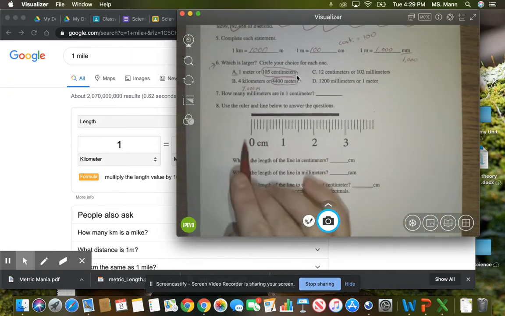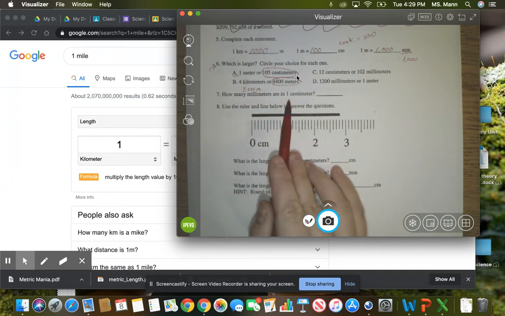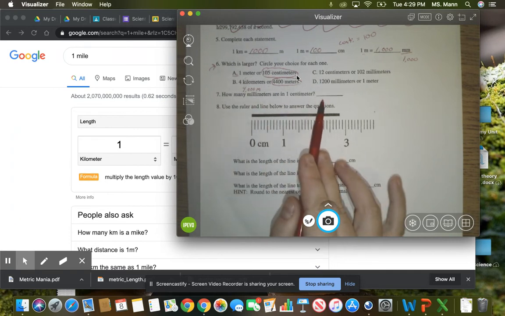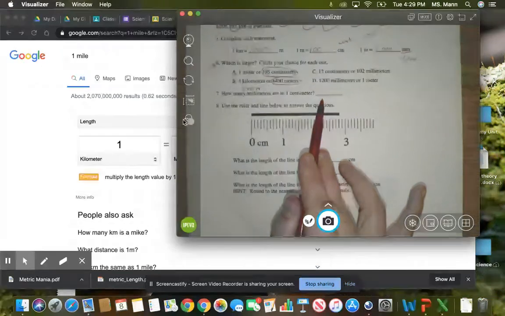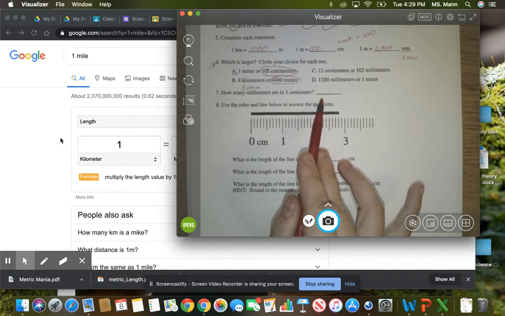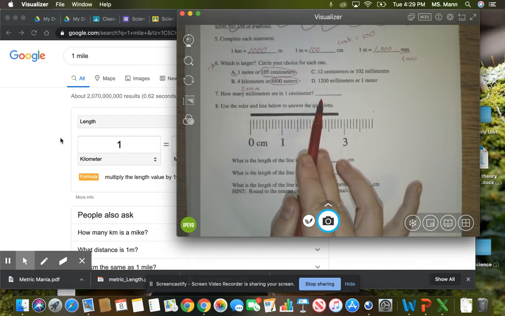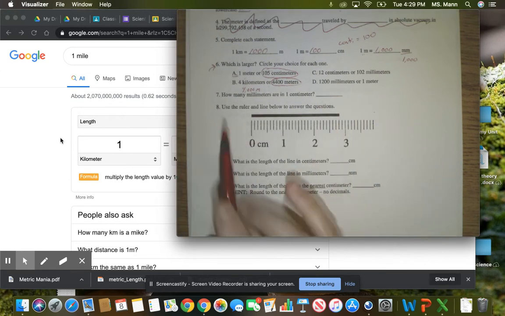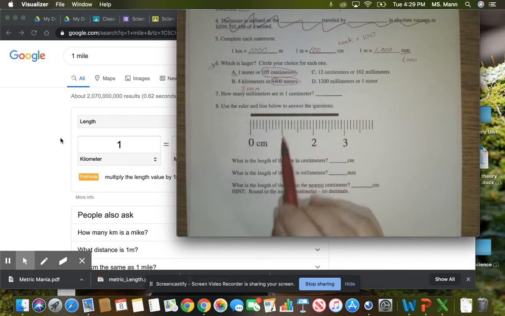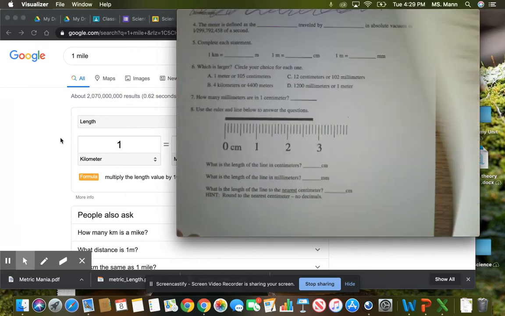So, how many millimeters are in 1 centimeter? Again, you can go back to Google and redo that, or you could look at your chart right here.